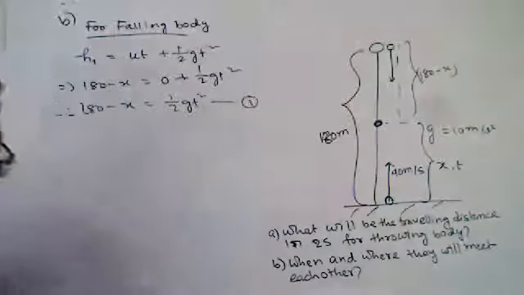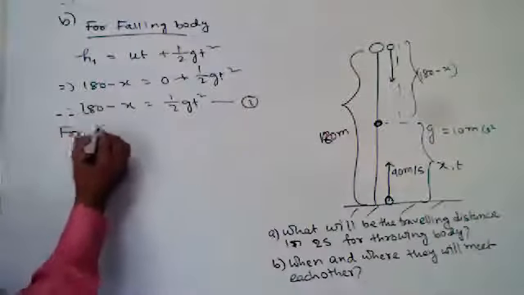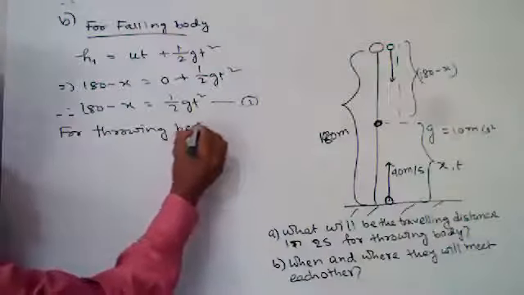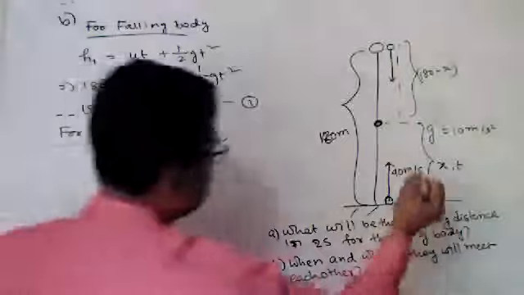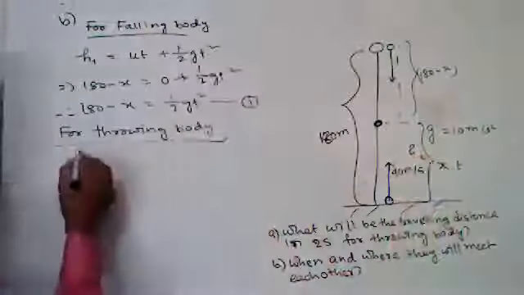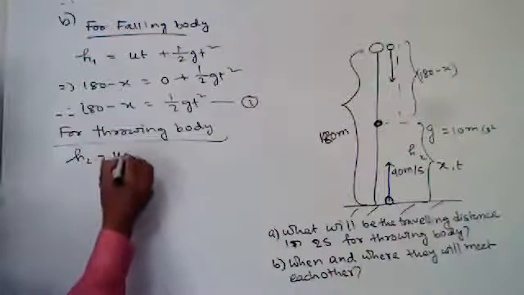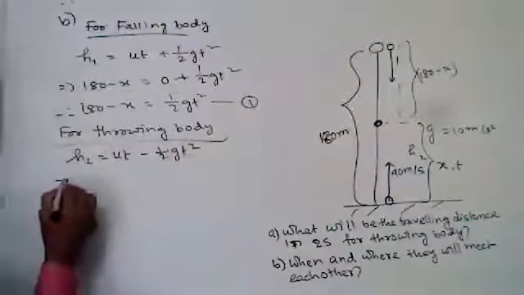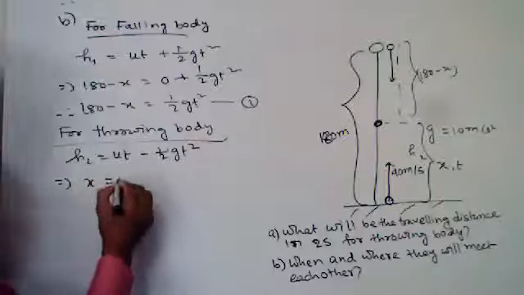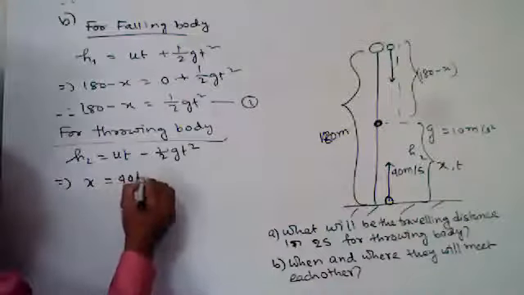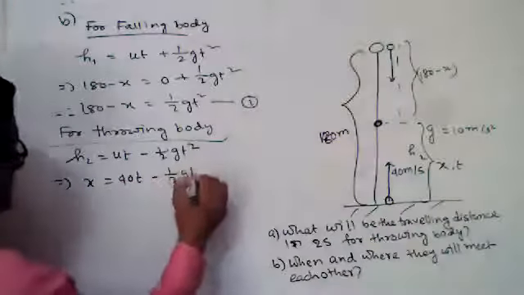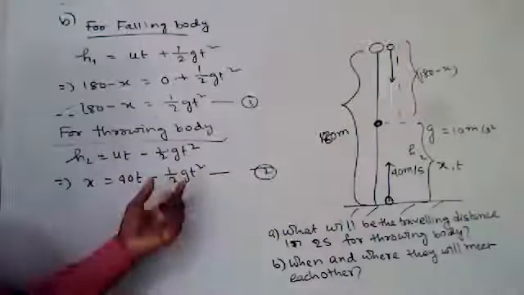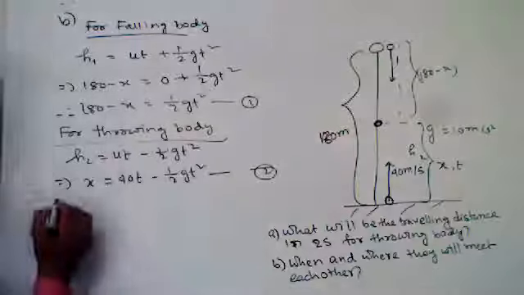For the throwing body, suppose this is h2. h2 equals ut minus half of gt square. So x equals 40t minus half of gt square. Equation number 2. Now add equations 1 and 2.